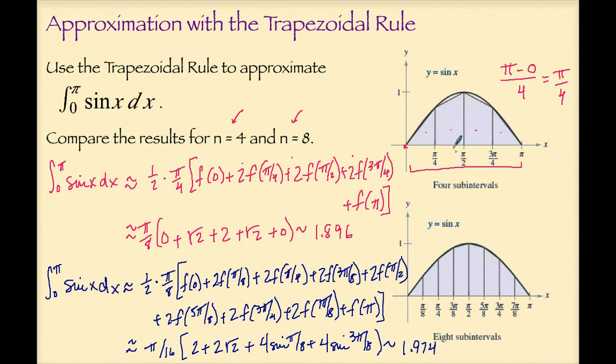Now the actual area under the curve, sine x from 0 to pi, is 2. So you can see that as we increase the number of subintervals, our approximation got better.